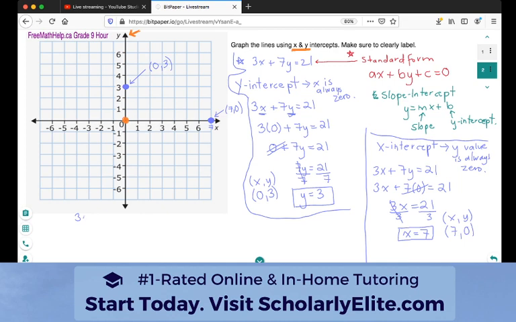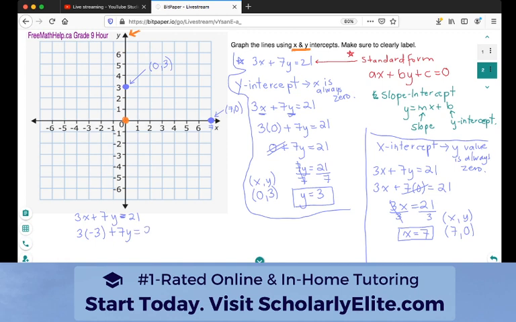Now remember, this is our original line: 3x plus 7y equals 21. And we're going to plug in x equals -3, because it'll just be easier for me to solve one last point so I can draw this line. So 3 times -3 plus 7y.